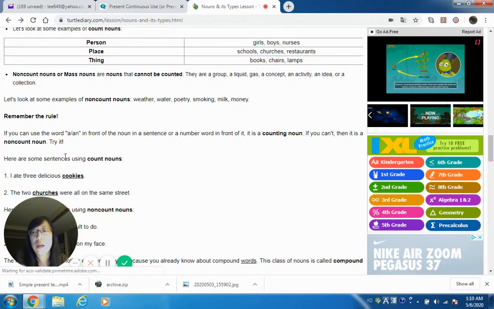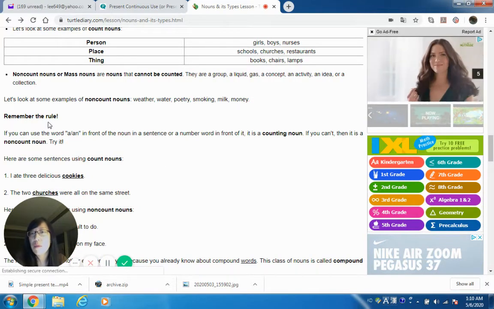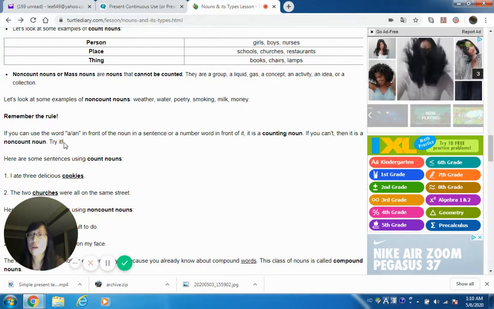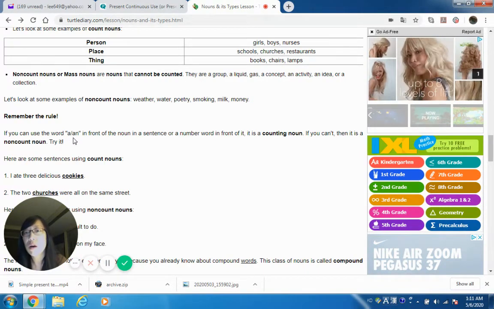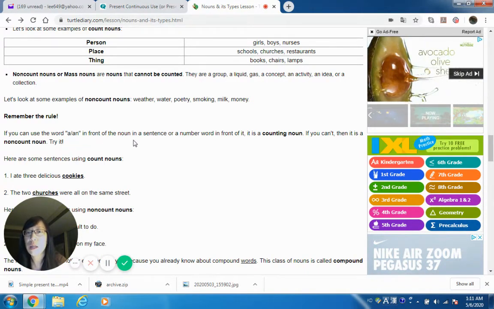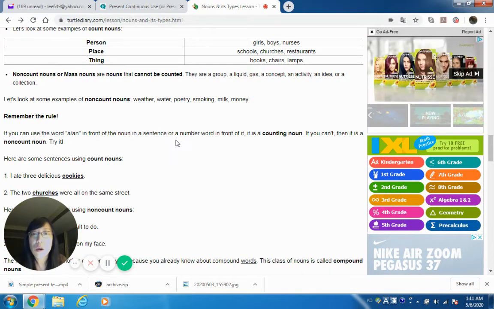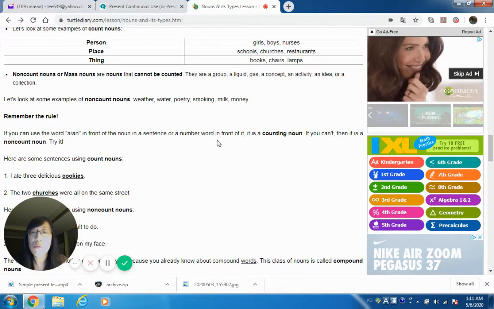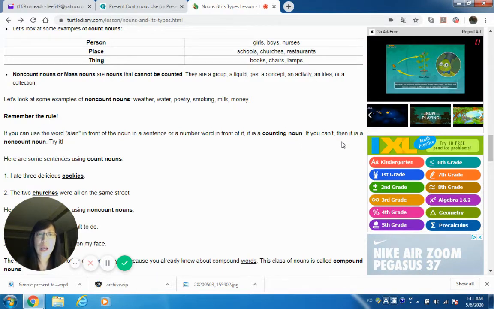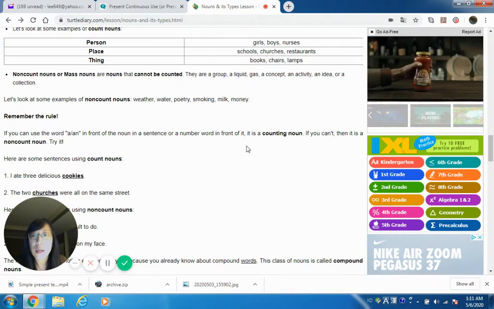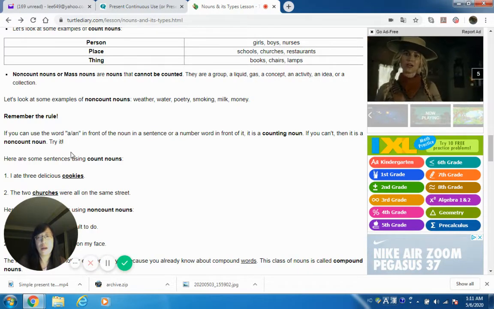These you cannot count. So remember the rule. If you can use the word a or an in front of the noun in a sentence, or a number word in front of it, it is a count noun. If you can't, then it is a non-count noun.